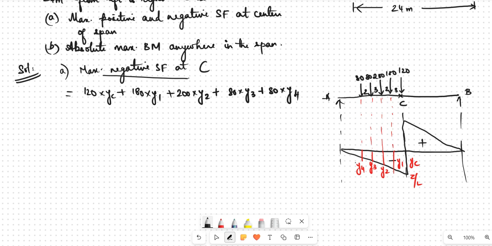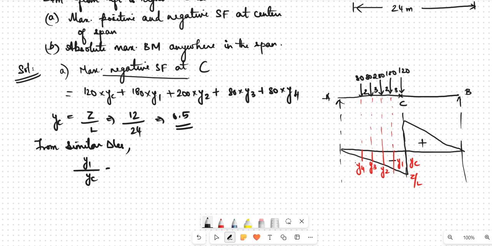Okay, so now we have to find what is yc, which is the maximum ordinate. It is nothing but z by l, that is equal to 12 meter by 24 meter, or it is 0.5. Then from the similar triangle principle, let's start with y1.